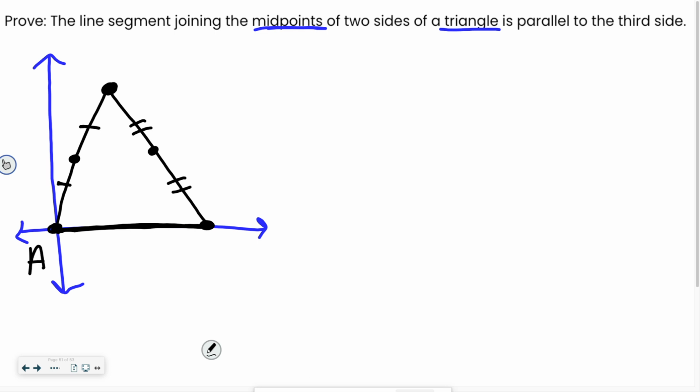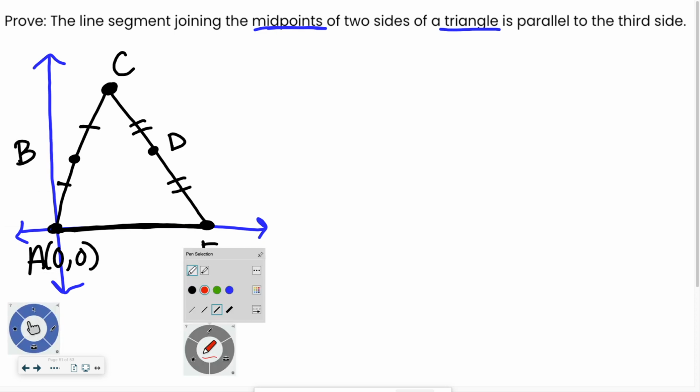So here's A, B, C, D, and E. Well, we all know where A's at. That's at 0, 0. Now B, let me change up our colors here.